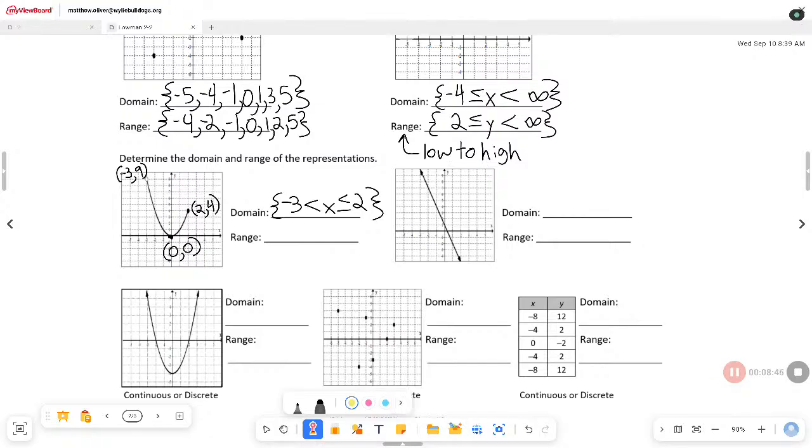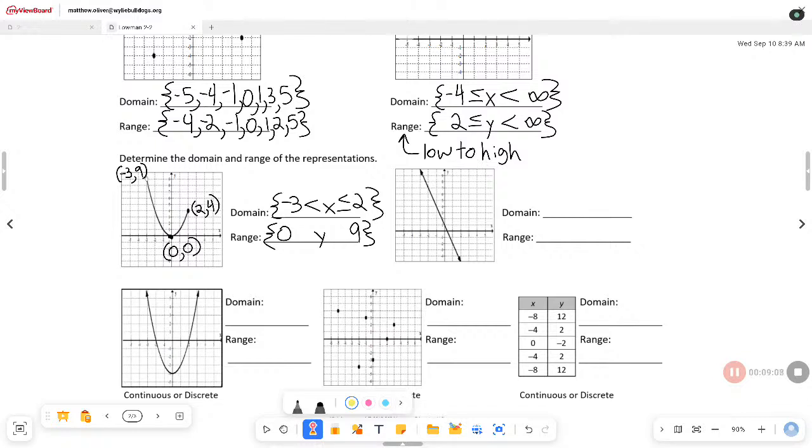So if we look down here, I've got that point. My y values go from 0, and I probably should have put that at the start, but it goes from down here at 0 all the way up to 9.